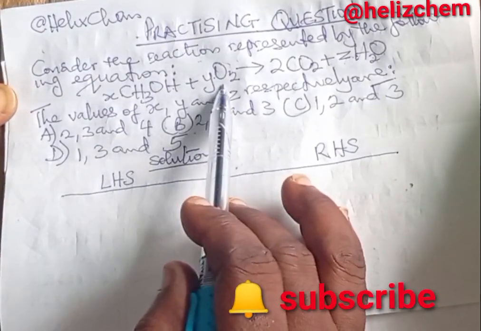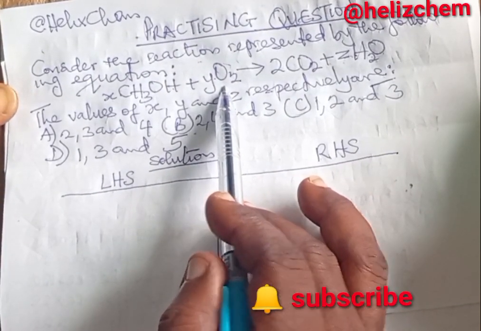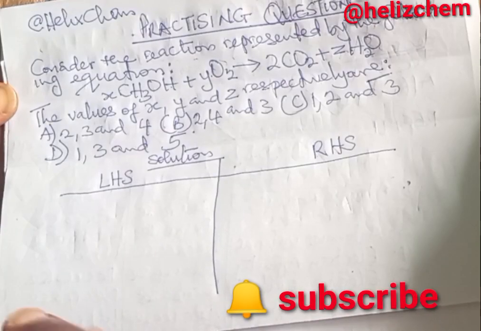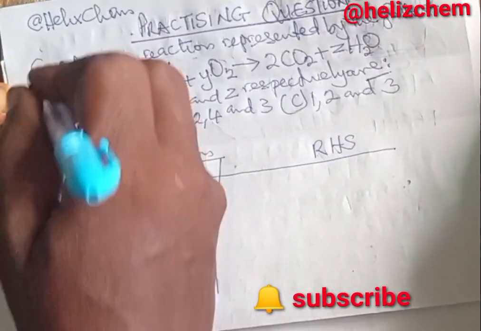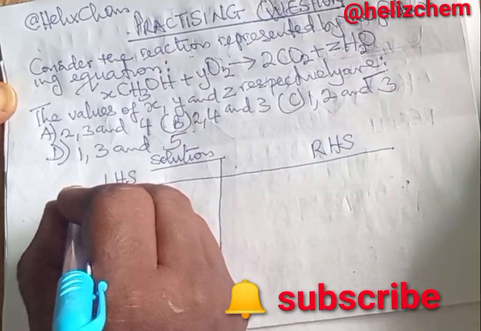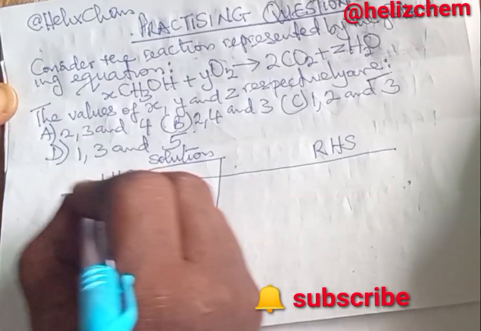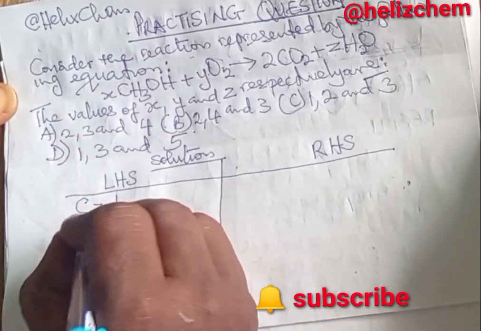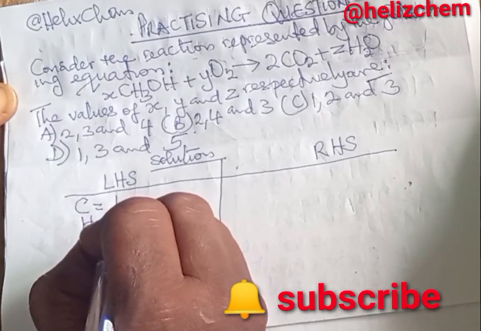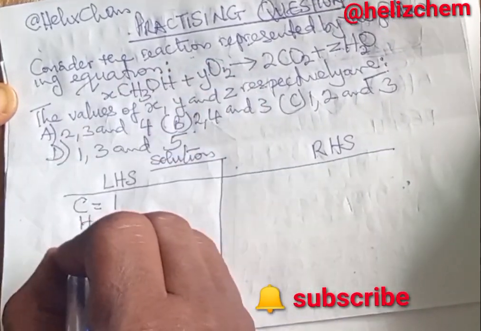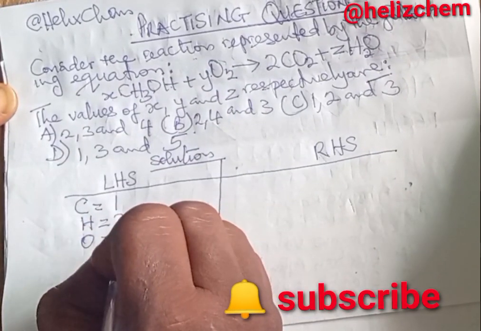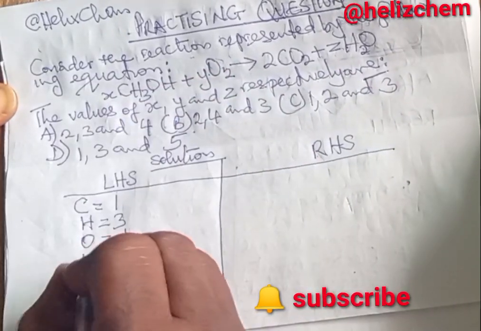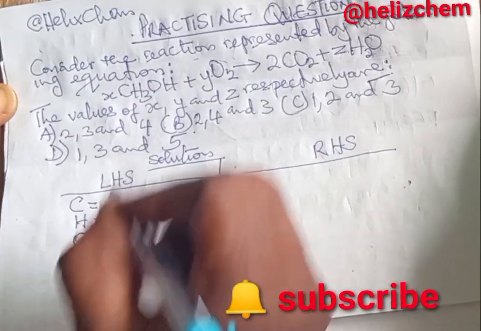Now, to the reactant side, which is the left hand side, we have the following. The number of carbon here is 1. The number of hydrogen atom here is 3. The number of oxygen is 1. The number of hydrogen is 1.